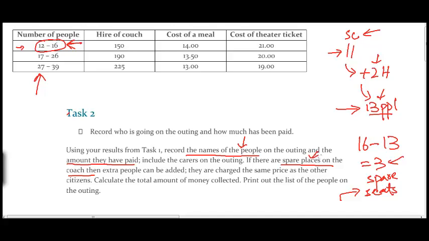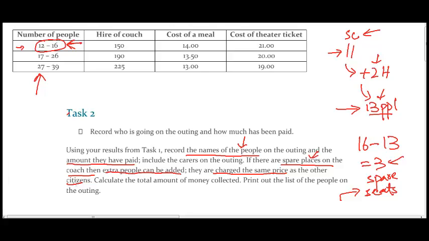If there are spare places on the coach, only then can extra people be added, and these extra people are going to be charged the same price as the other senior citizens, right? So whatever cost per person was already calculated in task 1.